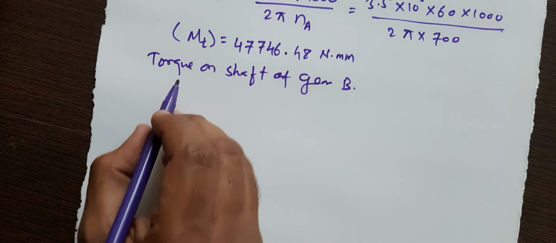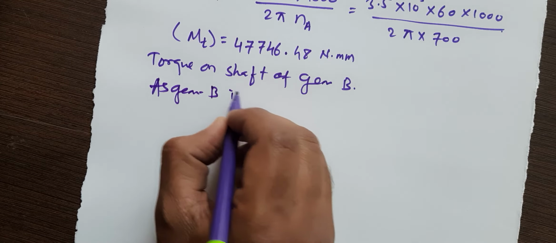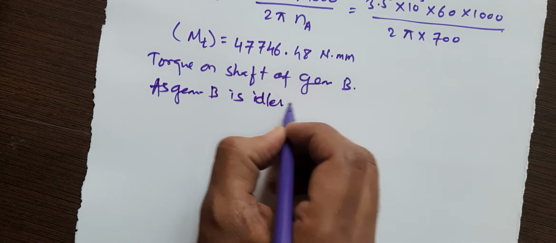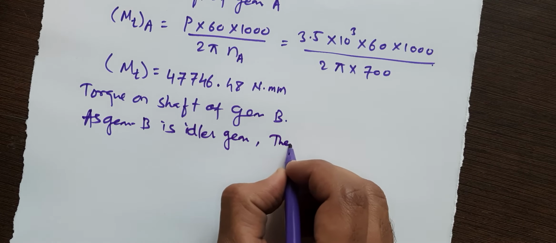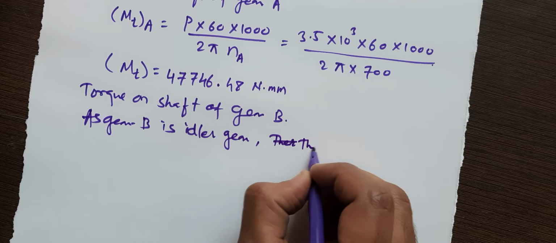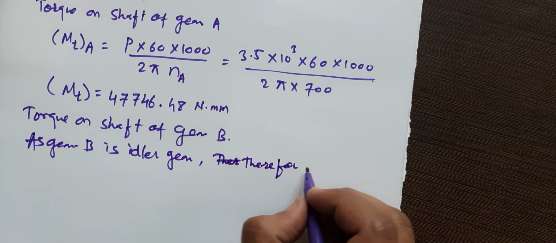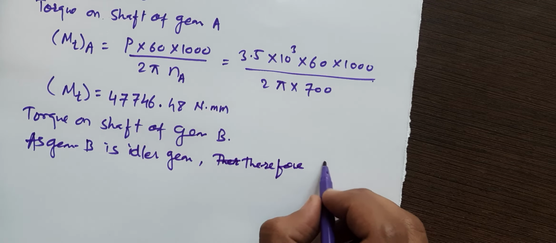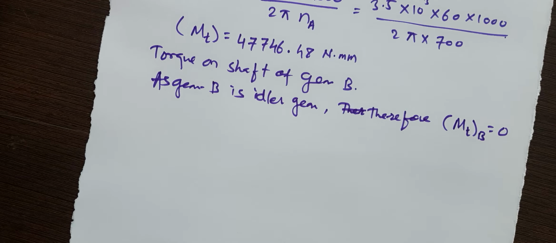So as gear B is idler gear, therefore MtB is equal to 0. Okay, so it will not transmit torque to its shaft.